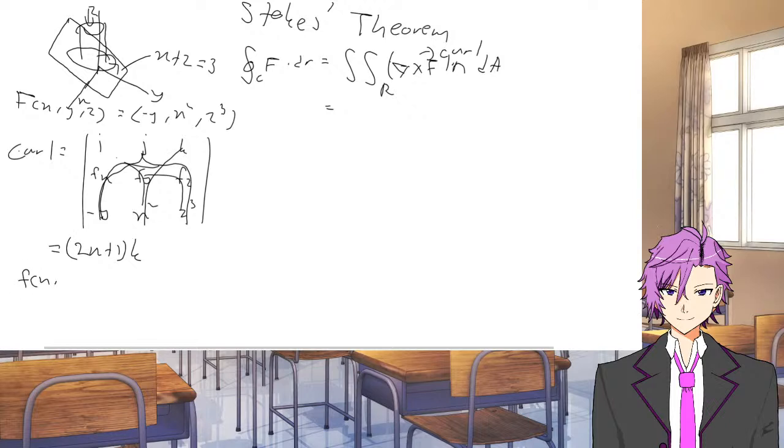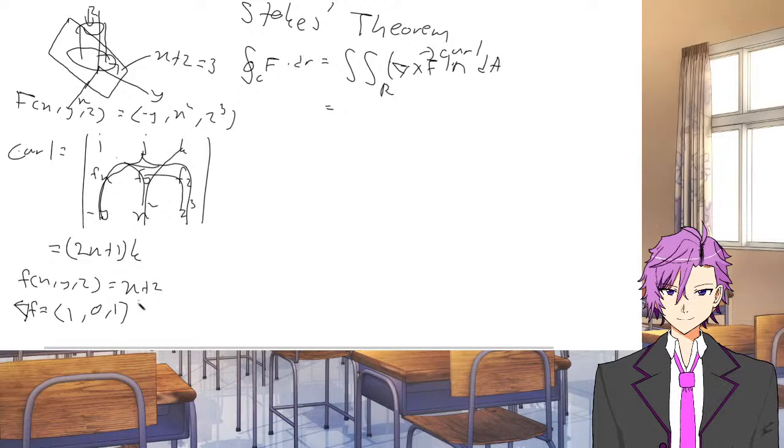So f(x, y, z) would be x plus z. If we do the partial derivative, it would be like this, I think. So if we convert this to a vector form, this would be 1, this would be 0, this would be 1.